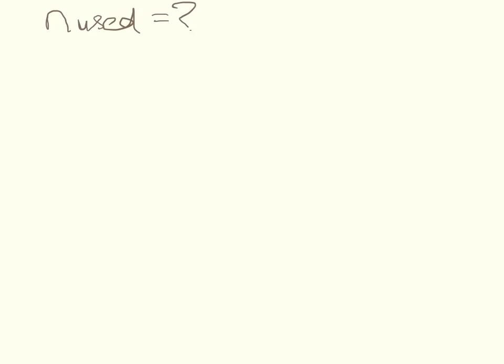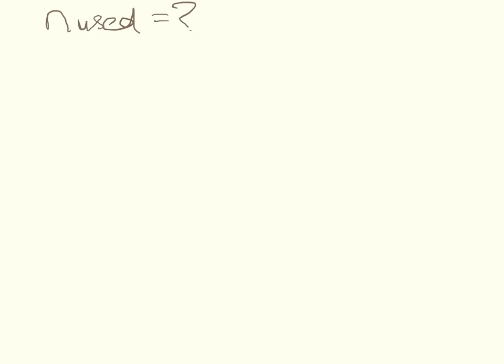Now we can come at this question from two ways. We can figure it out from the number of moles of precipitate that were created, or we can figure it out from the number of moles of the reactant that was the limiting. I'm going to use the number of moles of the precipitate.